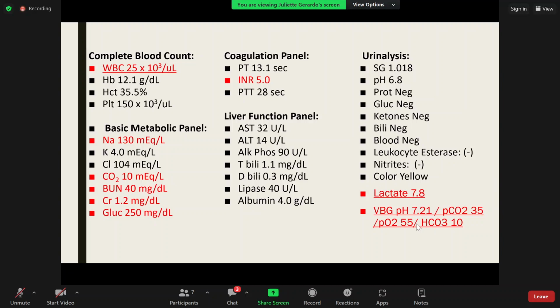Now we have to go back and really look at the skin and do a very thorough GU exam on this person and send them to get a CT of their abdomen and pelvis as well, and make sure that they are fully undressed and you're looking at all of the extremities, looking at the back, and making sure that you're not missing anything, because this patient is very sick.